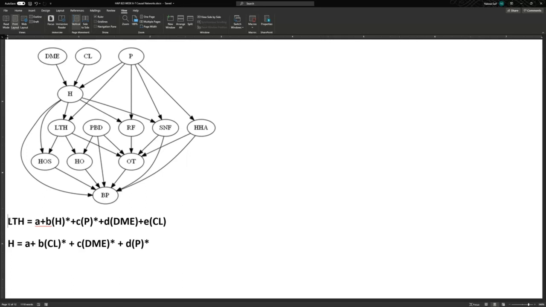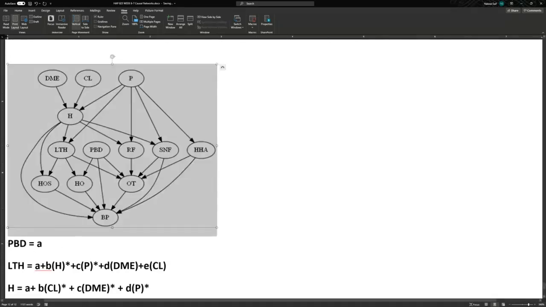Okay. And anything that follows the response variable, the variable on the left, is irrelevant and should not be part of the assignment. Okay, go ahead and write the next equation. Write the equation for RF.